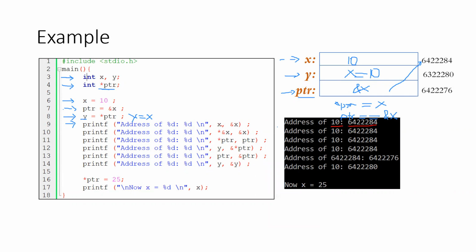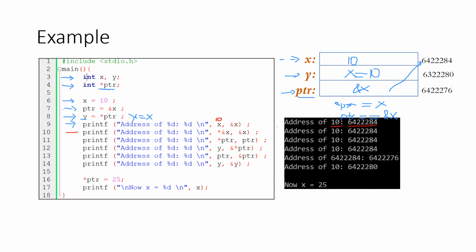Because x has a value of 10, and the address of x is 642284.